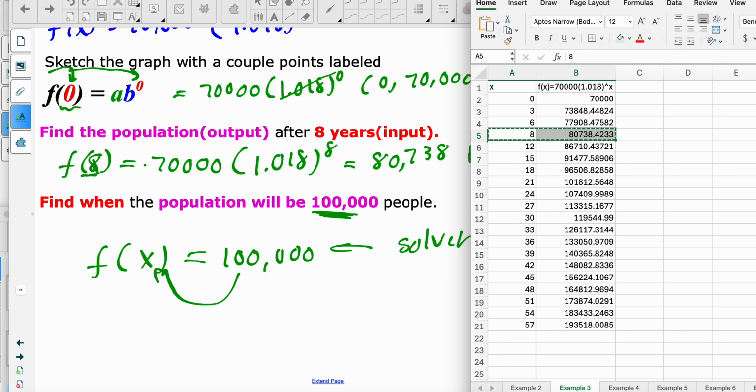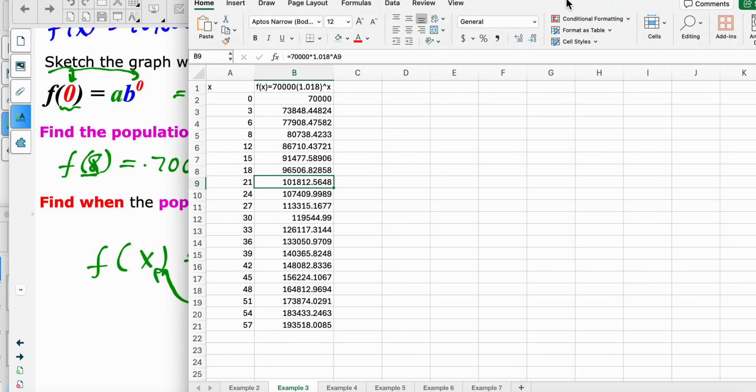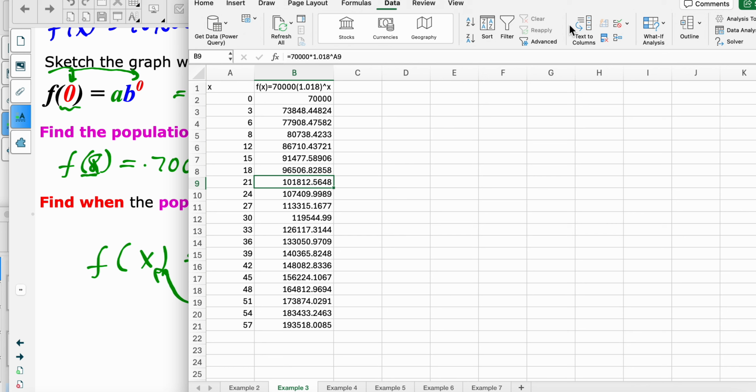If I go to my table here, here's my output column, and I want to scroll down until I see the closest number to 100,000, which is right about here. I'm going to use solver to force that to equal 100,000, and then it will give me how many years it takes until the population is equal to 100,000.